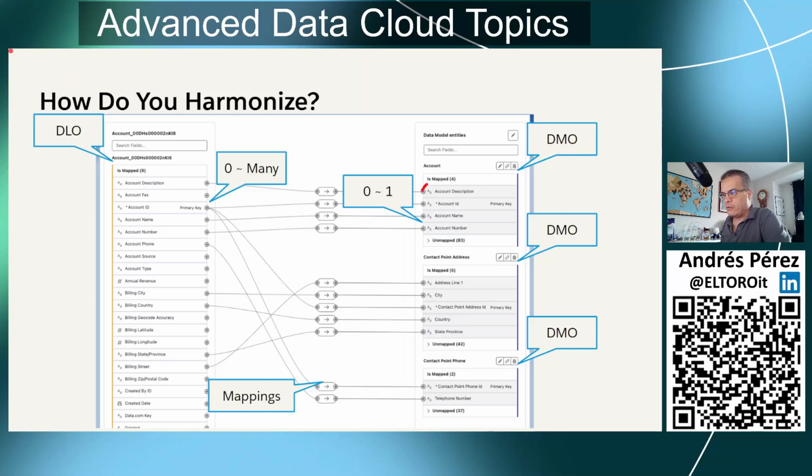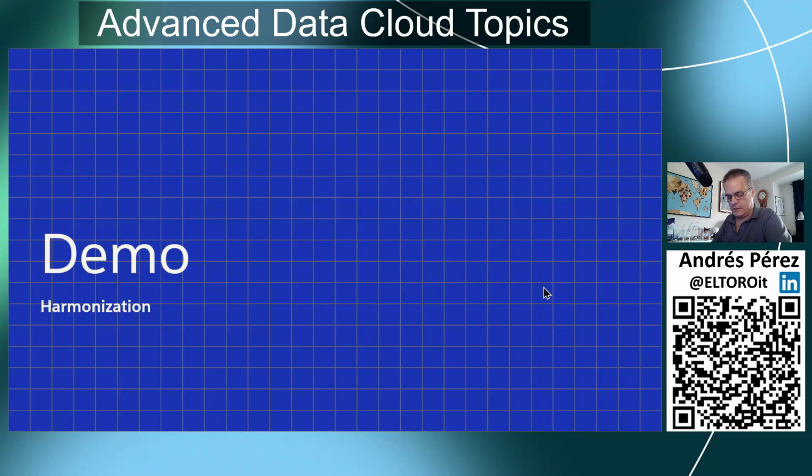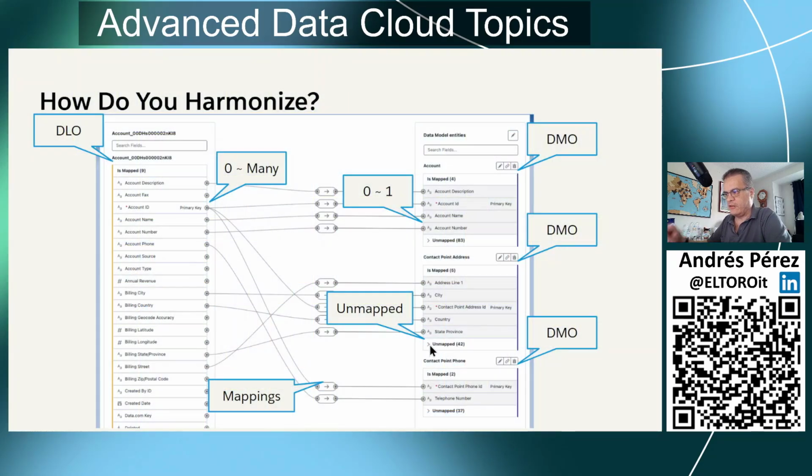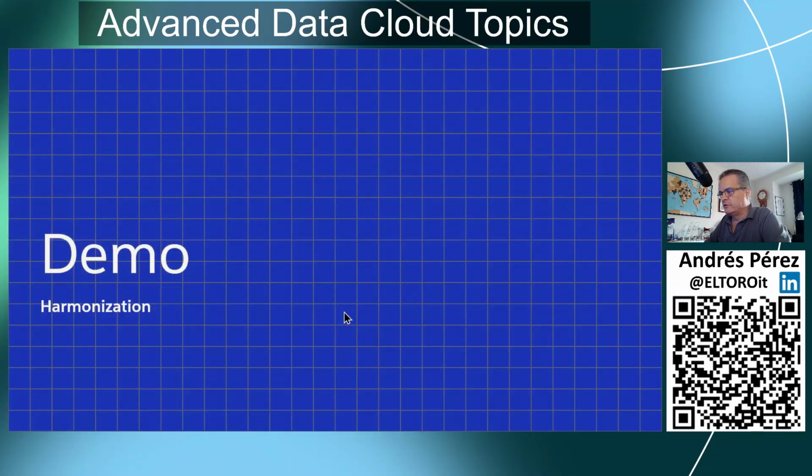If they are mapped, they are going to appear right over here. If they are not mapped, they're going to appear under the unmapped section. You just need to expand that and see the fields. So let's go into a demo and see how that actually works.